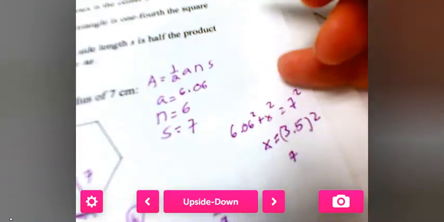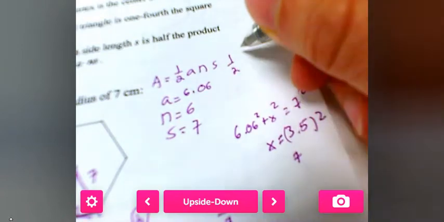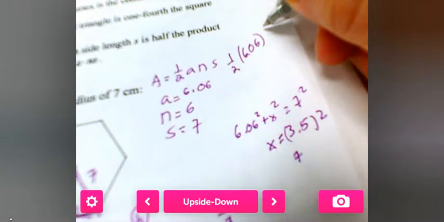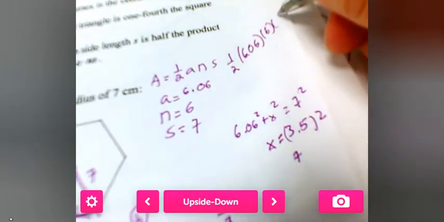Okay, last step. 1/2 the apothem, 6.06, times the number of sides, 6, times the length of the side, 7.